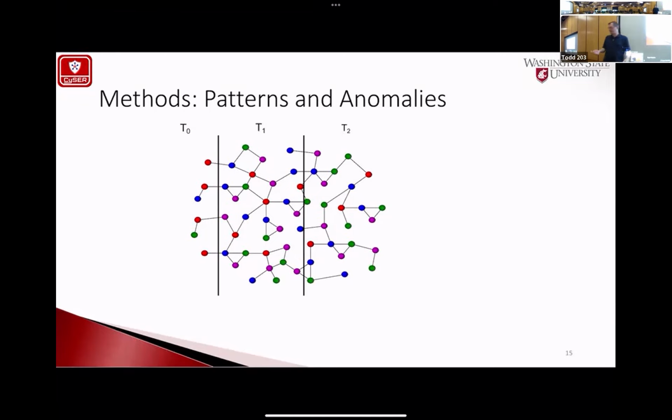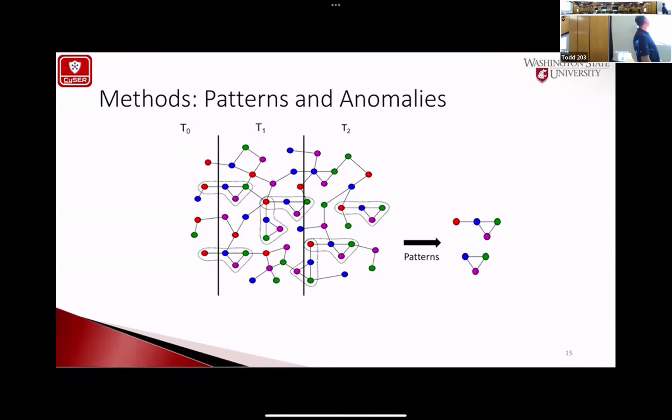So yes, that's a pattern. But we're more interested in adding more structure. So you might start to notice that, well, I see a lot of purple and greens connected together. I see these triangles show up a lot. And with a little bit of thought, you can get to: every single triangle is purple and green and blue.